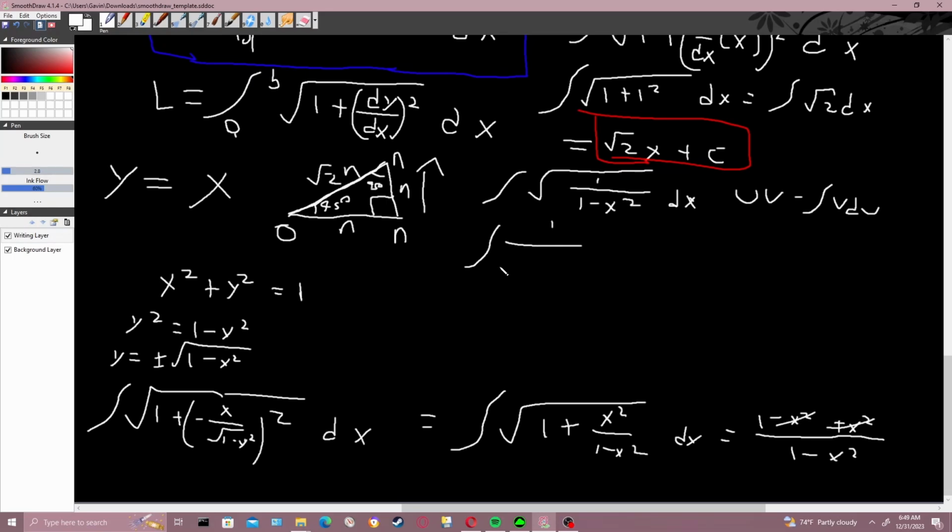I might have done something wrong, because we can just rewrite it as this, and that becomes arcsine. So the 1 minus x squared in square roots, this is an arcsine function. It's 1 over the square root of a squared minus x squared, I believe. And, okay, so this integral equals arcsine plus c.